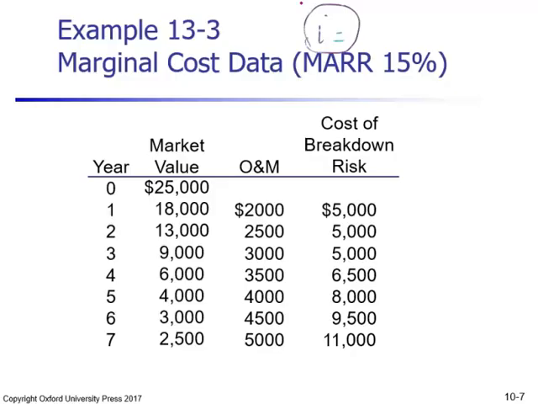Now you buy it for $25,000. After 1 year, the salvage value would be 18, 2 years 13, 9, 6, and like that. Operating and maintenance costs are here, and cost of breakdown risk.